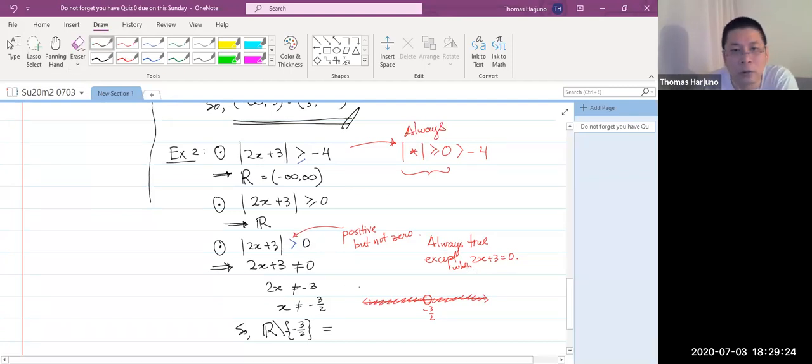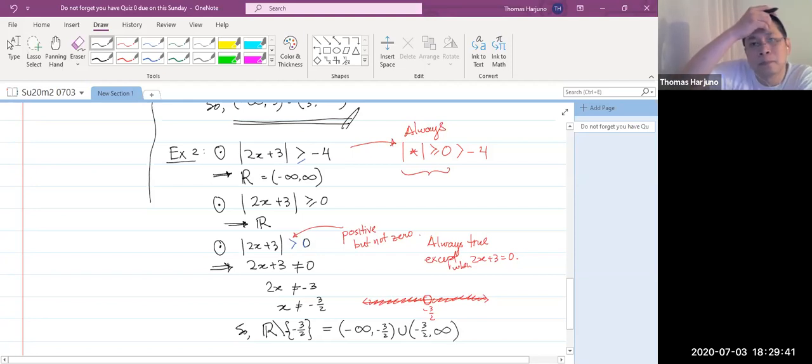So in interval notation, that will be the interval on the left-hand side, union the interval on the right-hand side. This is how you have to write the interval notation when you skip that one point.